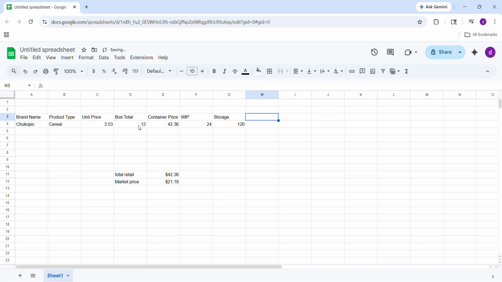And now we do the total. So this is going to add your storage with your WIP. So we have 144 units. Now this is the maximum amount that can be inside the store.